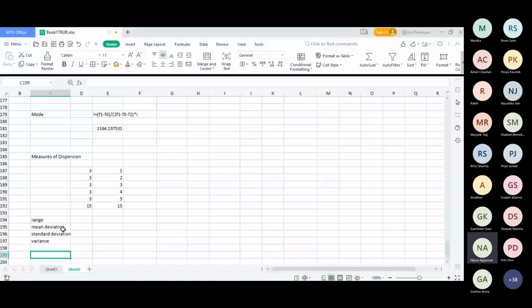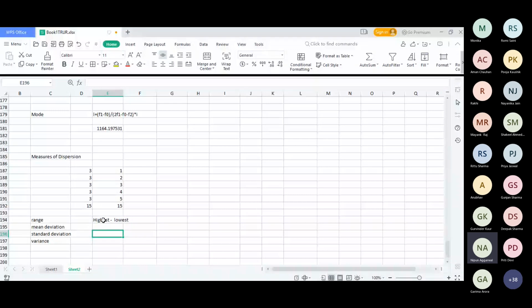Fine. So first of all, that is the range. Range is the least used method because it is not so effective. The range is calculated as highest minus lowest. That is the simplest form.